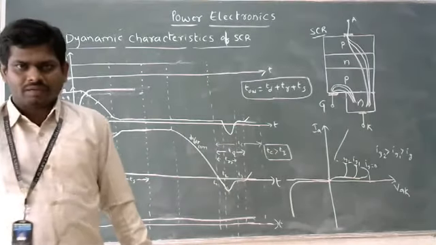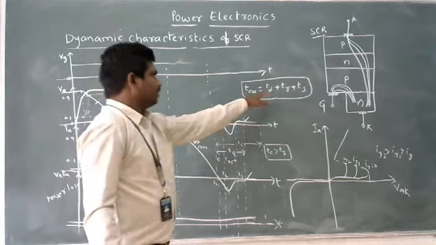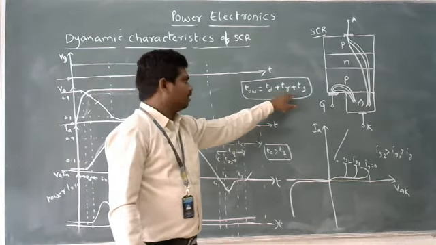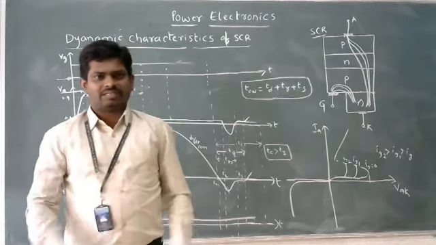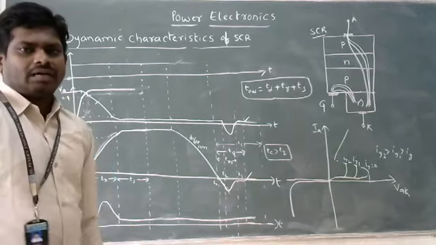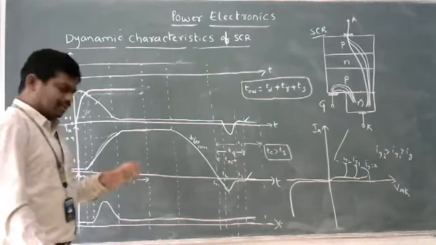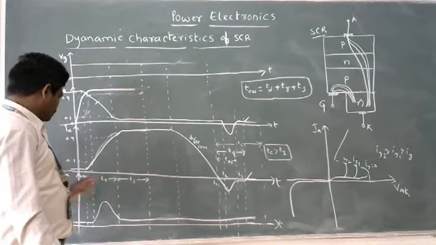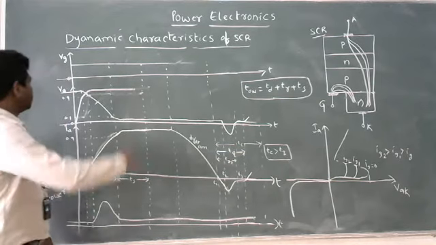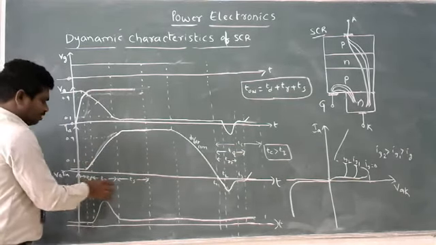So the on time is associated with three timings: TD delay time, TR rise time, TS spread time. After these three timings only our SCR comes into the conducting state. We will discuss these timings very deeply. It is very easy to understand all these timings.